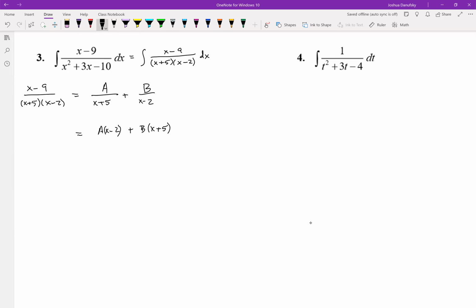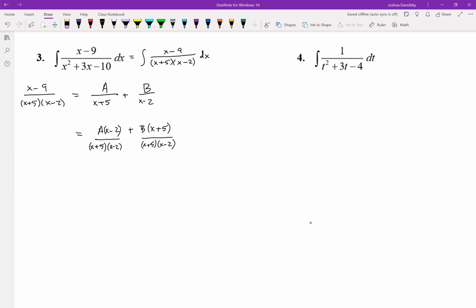Now, if we did that, in the denominator of each, we would have x plus 5 times x minus 2, like this. Notice if you cancel the x minus 2's here, you're back to the previous A over x plus 5, and if you cancel the x plus 5's here, you're back to the B over x minus 2.